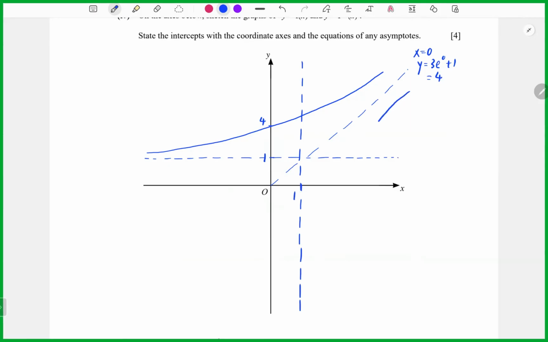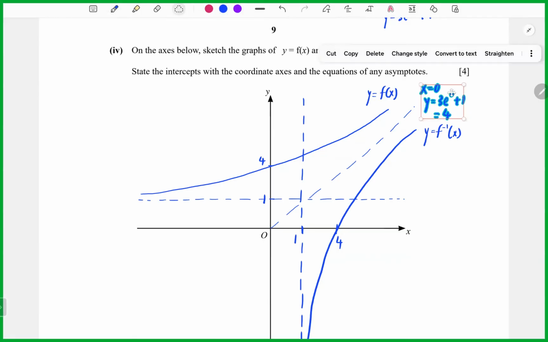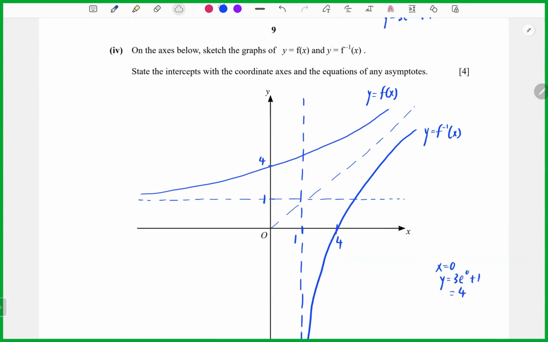So my curve will show in this case 4. But please don't forget to label the f(x) and the inverse function. Okay, tada, finish. And this other side, y equals x.